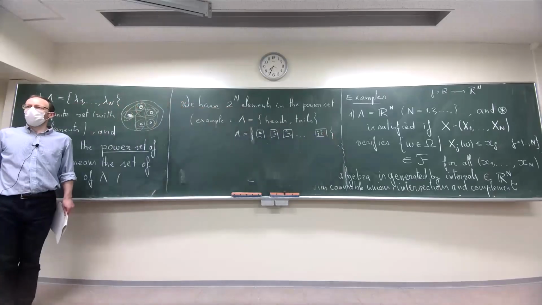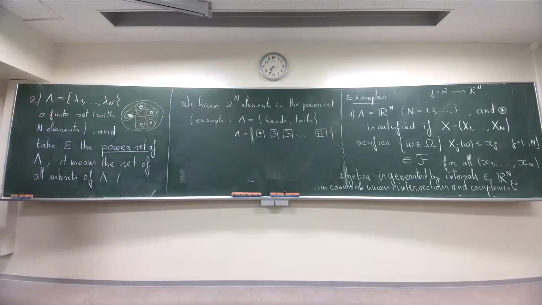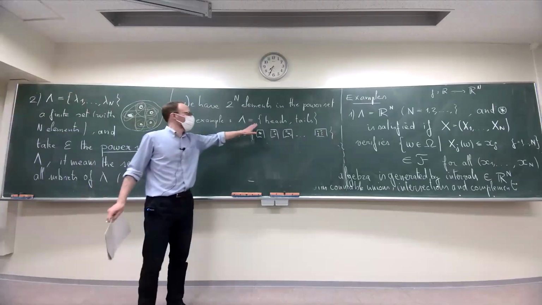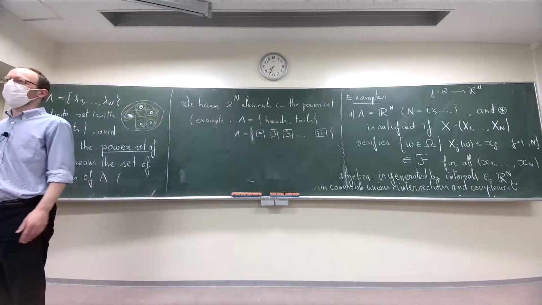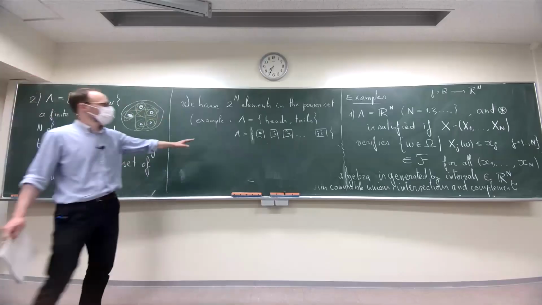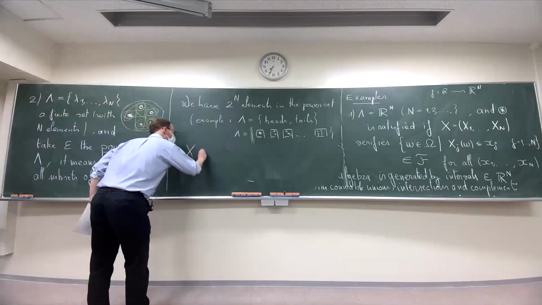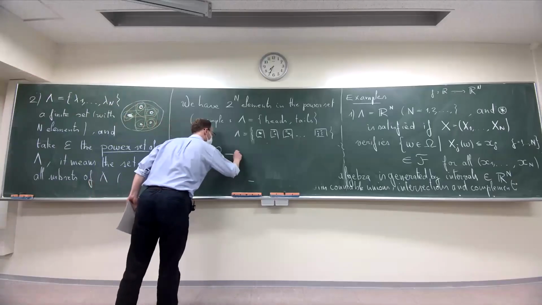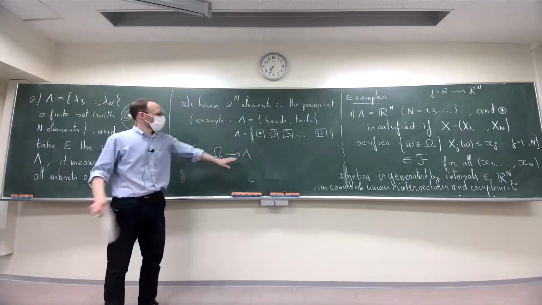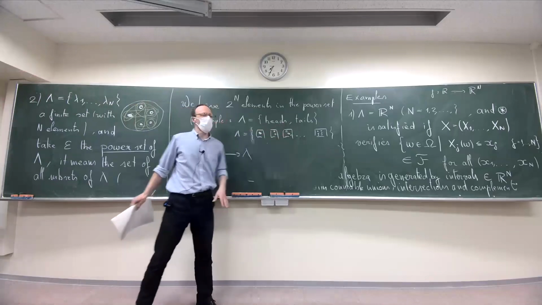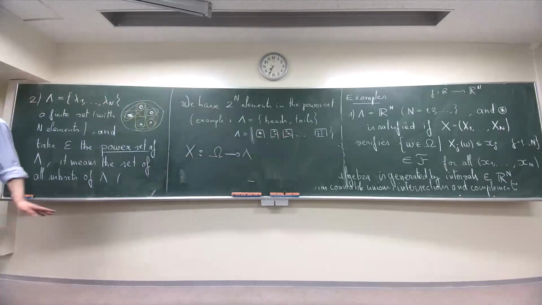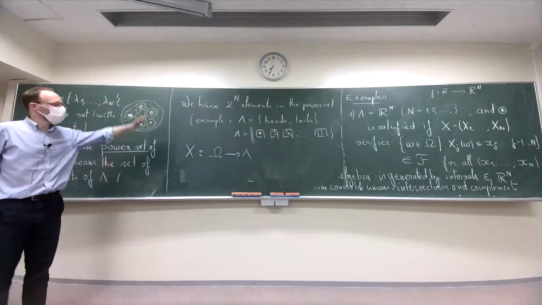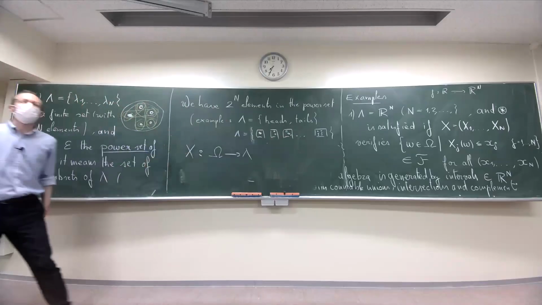And that's it. With what I introduced 2 semesters ago, you need to do one identification of this set with a subset of R, but it's not necessary. With this definition of measurable set, a random variable from omega to lambda can just take values in this set of 6 faces of a die. That's it.